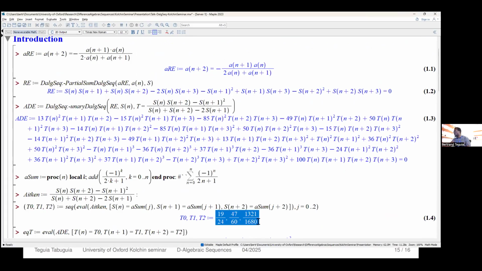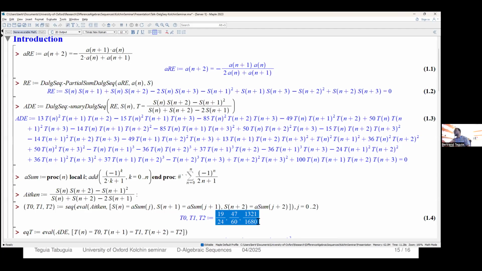And to compute the next terms, you will always use this equation here. It will always give you a quadratic equation. You solve it. All roots are approximations of the limit. You repeat this process. Yeah, it's a recursive computation.